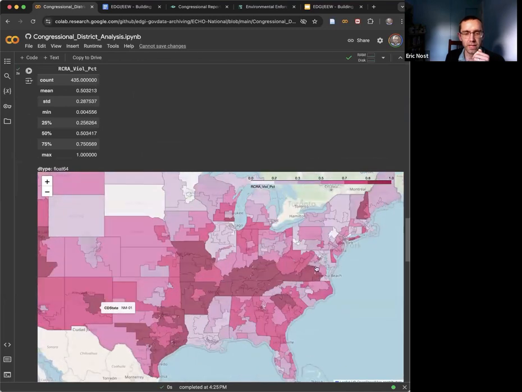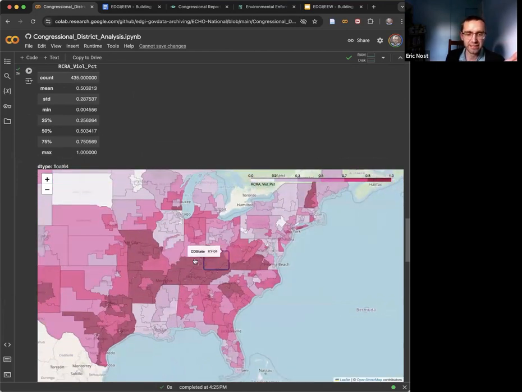So if we zoom in, the darker shades of red here are higher values. If we look at basically any district in Kentucky, we see scores somewhere between 0.8 and 1, which means that these districts are ranked higher, or worse, when it comes to violations of RCRA over the past 5 years than 80% of all other districts in the country.